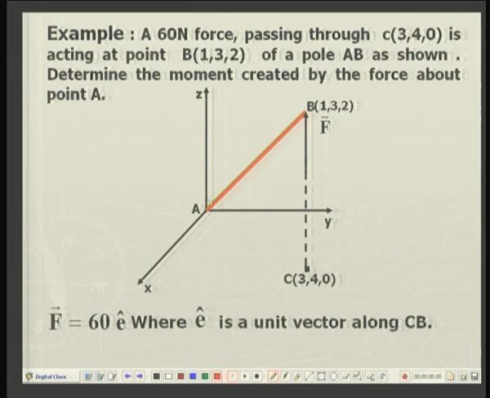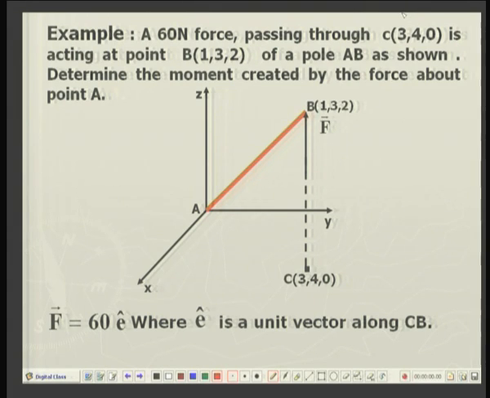One point of the rod is at the origin, the other is point B, whose coordinates are 1, 3, 2. So, the line joining the point C to B is the line of action of force F, and its magnitude is 60 newtons. Determine the moment created by the force about point A.